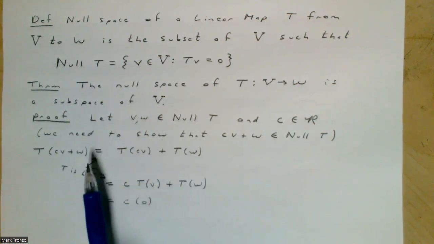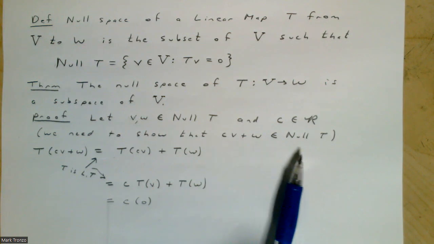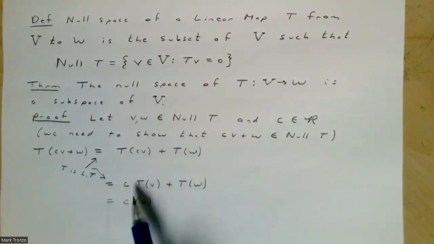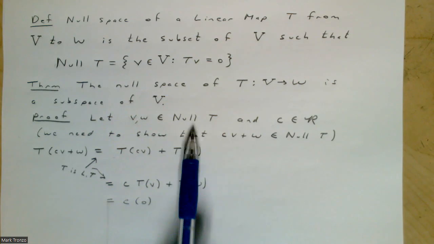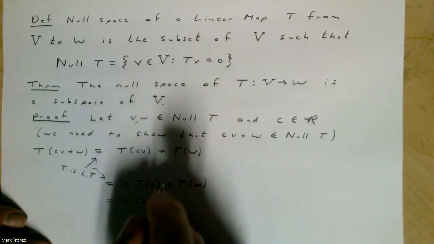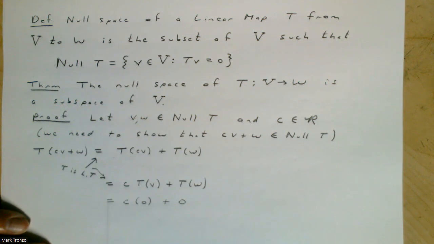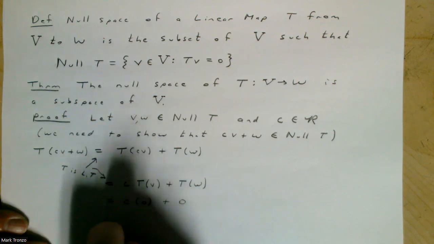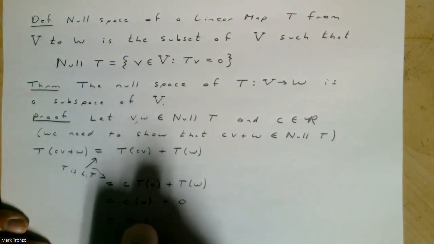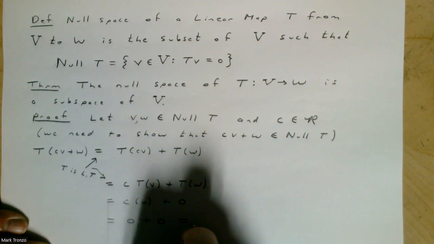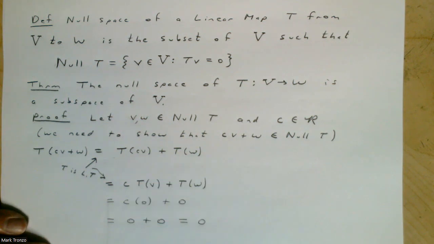c is in R. And now we need to show that's in the null space. So again, v was in the null space. w is in the null space. So this is going to be 0. And so this is going to be 0 plus 0, which is equal to 0.